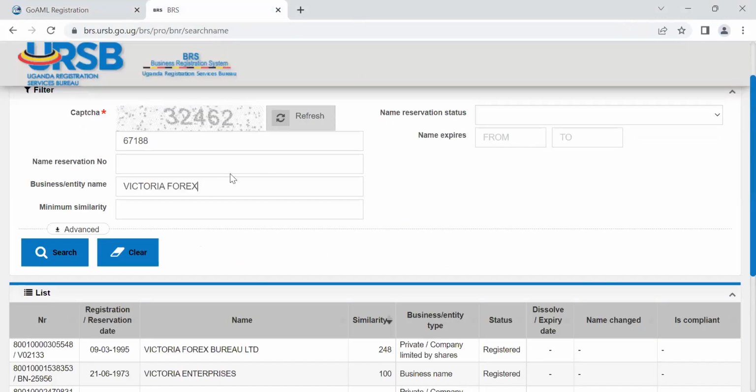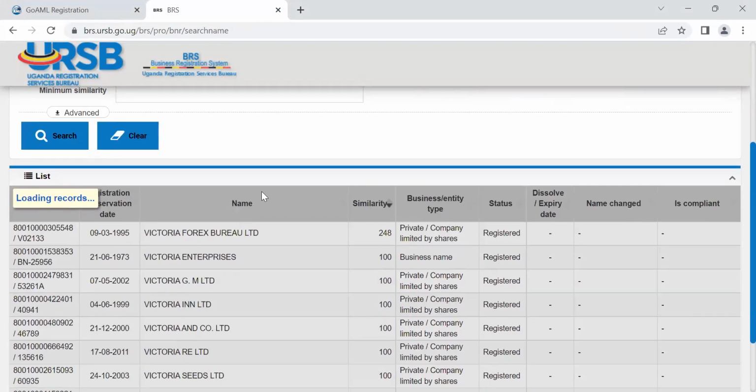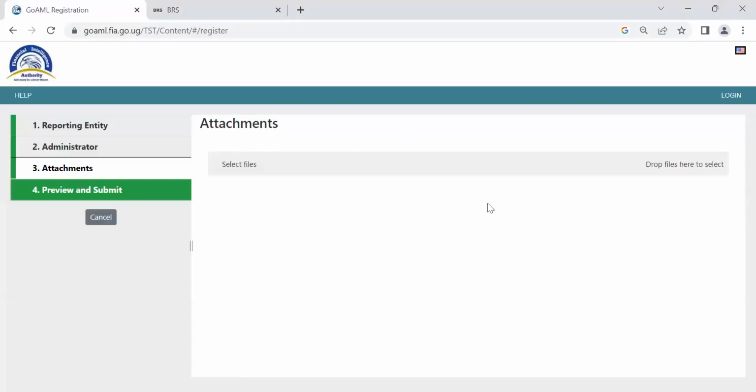The link has been shared on the chat, so Midland, you can also search. As we wait for Midland, everyone should have green here, and after that, you can move to attachments.